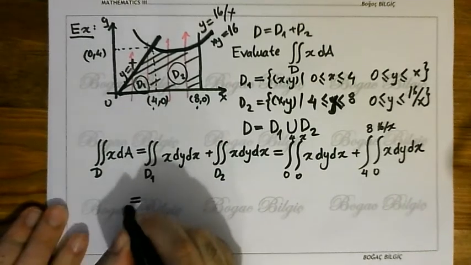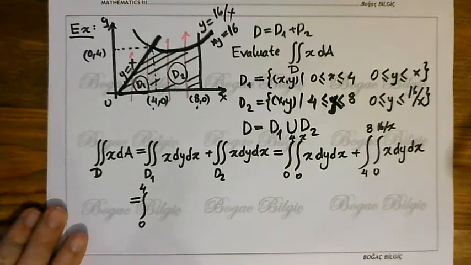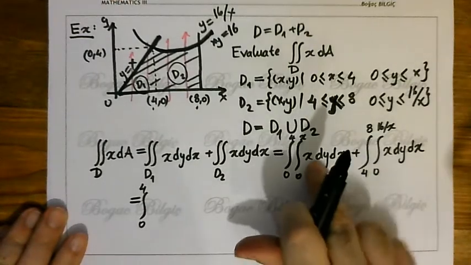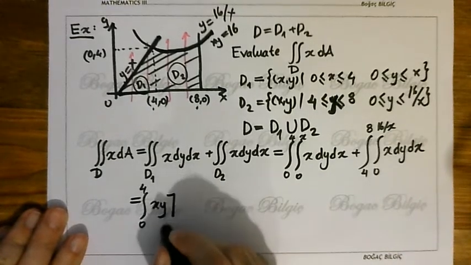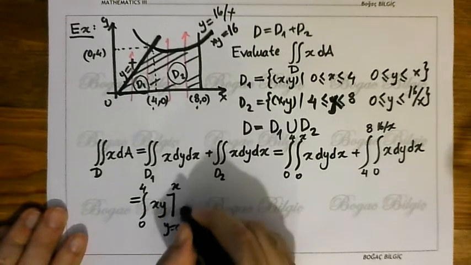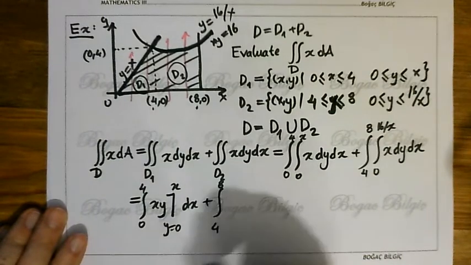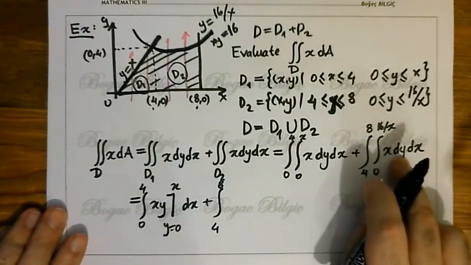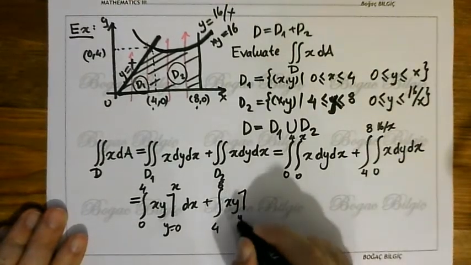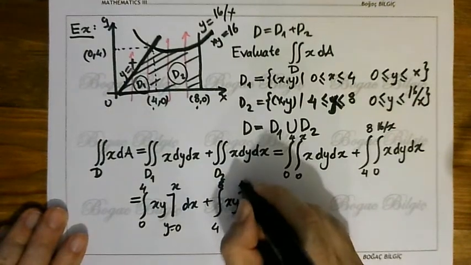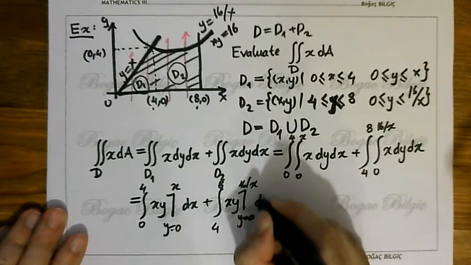This is equal to the integral from 0 to 4, integrating for y, of xy with y from 0 to x, dx, plus the integral from 4 to 8 of xy with y from 0 to 16 divided by x, dx.